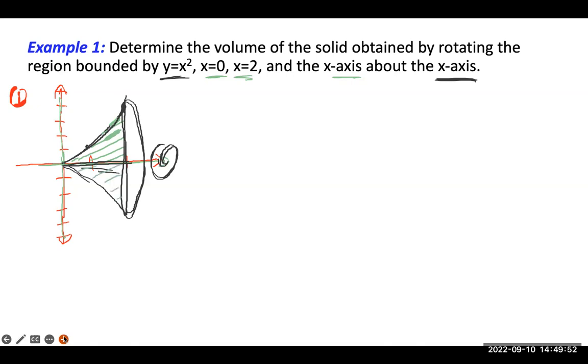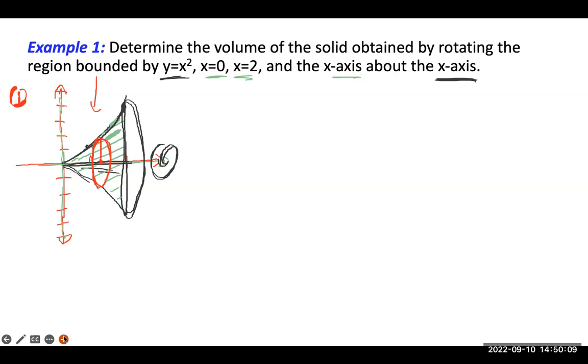All right, now we need to figure out the cross-sectional shape. For the disk method, we're always cross-sectioning perpendicular to the axis of revolution, which means we're cutting this way. If you cut this way, notice you have a circular shape.